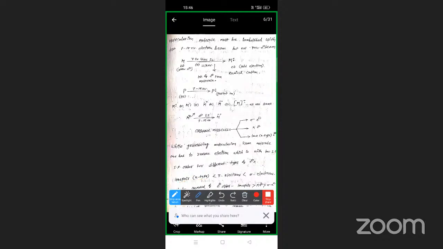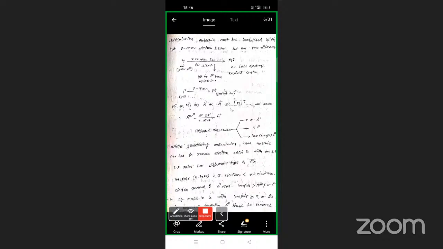So first you remove the lone pair electron if it is there. Second, you try removal of an electron from the pi bond. Then the sigma electron will be removed. This is the order of removal of electrons from the molecule.